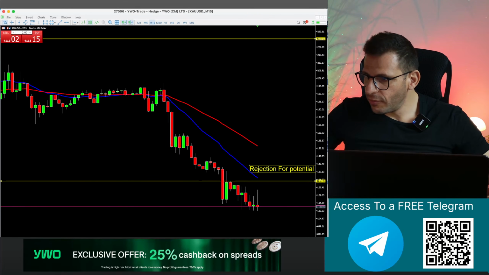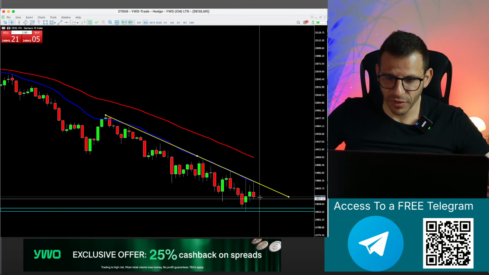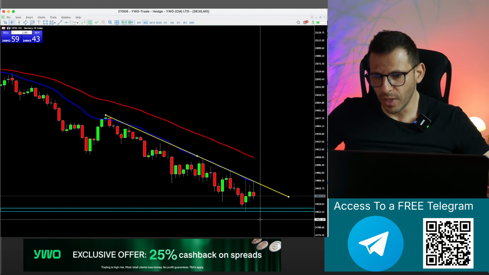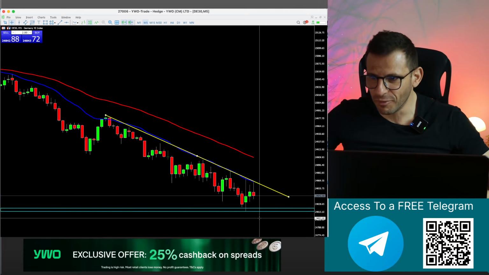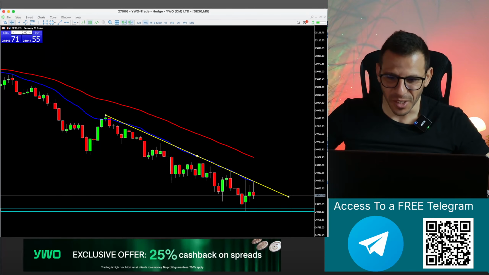What if it breaks that support on the DAX? If it breaks that support, it means we are still going for more bearish, lower lows, lower highs.